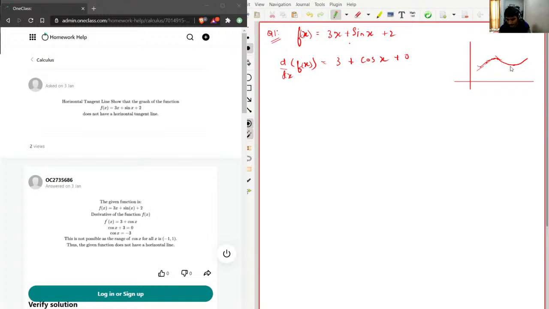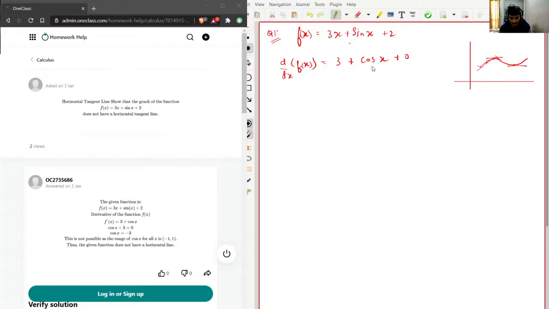If I make tangents at these points, then these tangents are going to be horizontal lines. Now how do we find the horizontal tangent, or maxima or minima? We equate the derivative to 0.